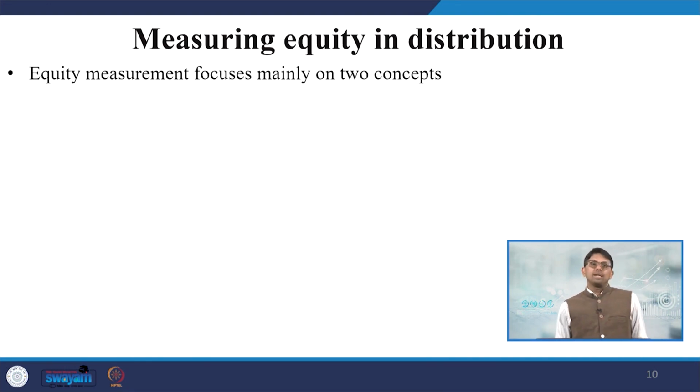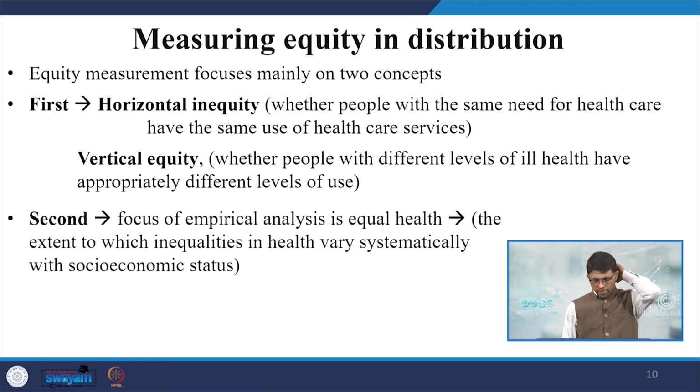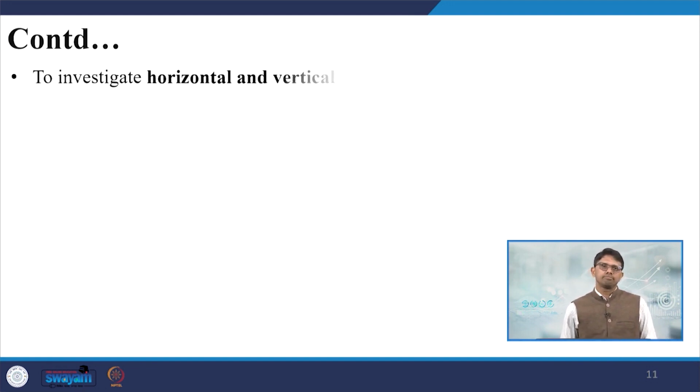The equity measurements are mainly presented in two concepts. First, horizontal or vertical equity or inequity. The second, more important, is how we find it empirically, and the extent to which inequalities in health vary systematically with socioeconomic status.